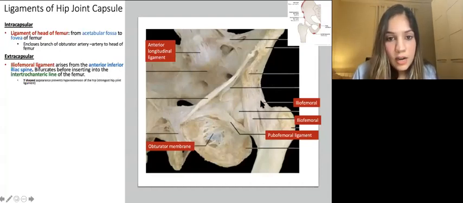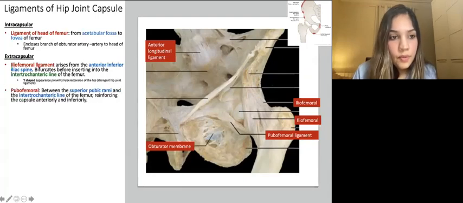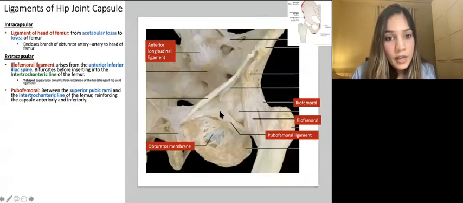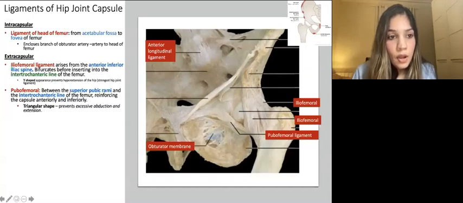So as I said, it's a Y shape. And then you have the pubofemoral ligament, which is here. This is between the superior pubic rami, which is here, and again the intertrochanteric line of the femur. It has a triangular shape and it prevents excessive abduction and extension.